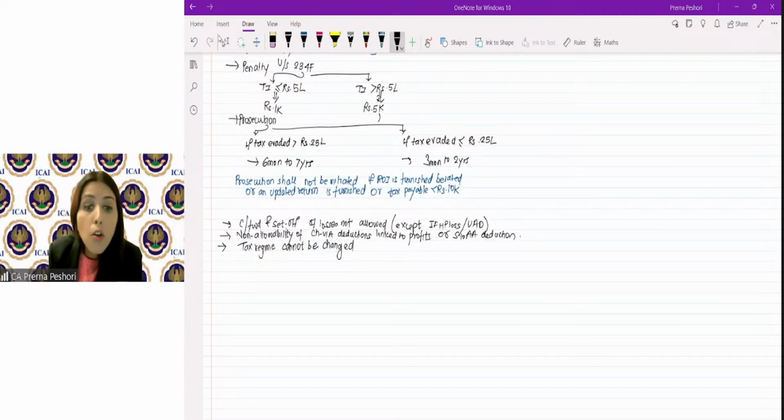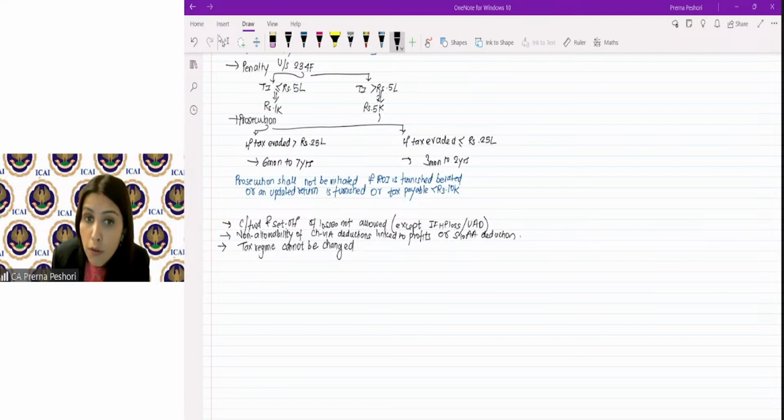Yes, Simranjit will not be able to take the benefit of new tax regime. Shankara, the prosecution will not be initiated on family members if there is death of the assessee. Namrata, tax evaded means the tax that was due to be paid by the taxpayer, he has evaded that tax. He has not paid that tax.